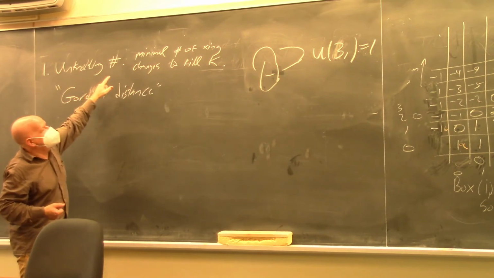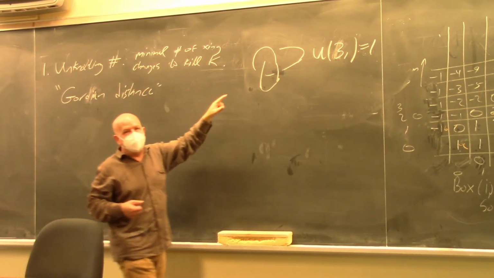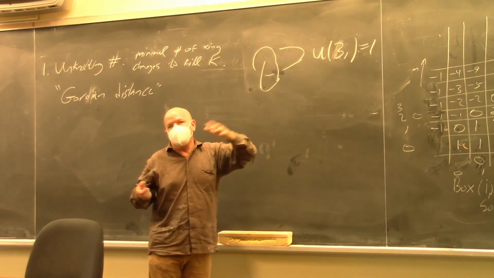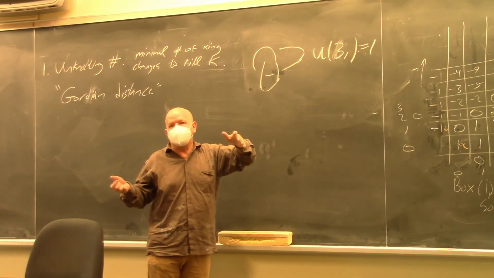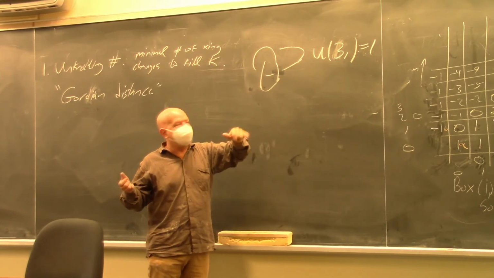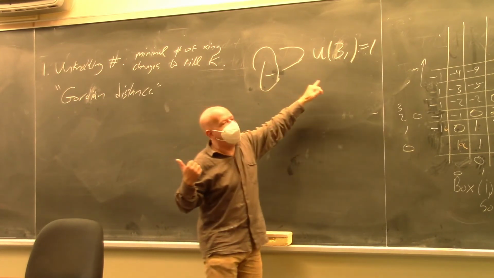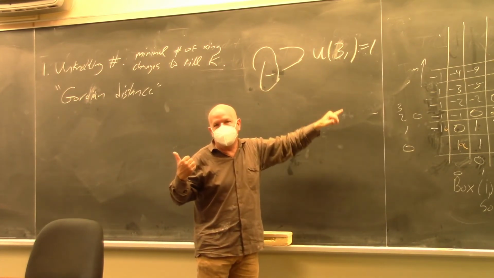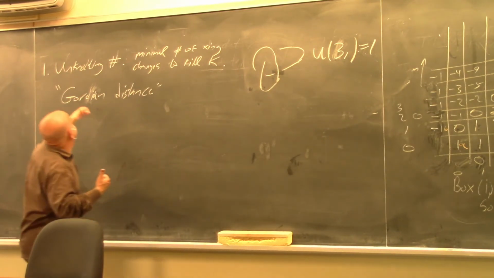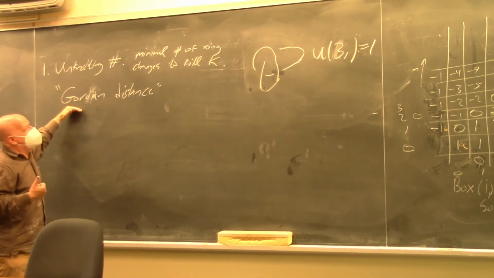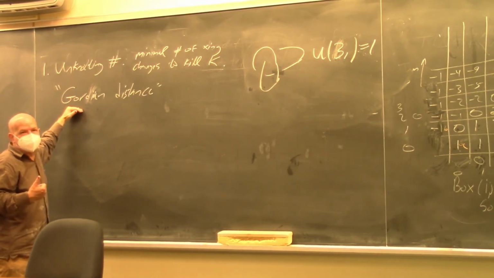So really, Alexander the Great computed or demonstrated that there is a finite distance between the knot that was there and the unknot. Okay, and then somehow the naming became the Gordian distance between two knots.